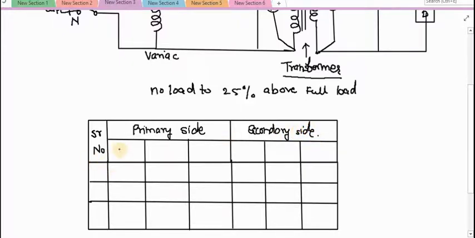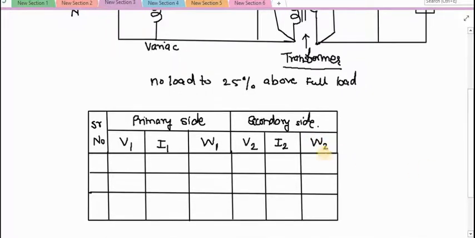Right. So what readings are we taking on the primary side? The voltage connected to the primary winding, the current flowing through the primary winding, and the power in the primary circuit. Similarly, all readings we have to take on the secondary side. Here suffix 1 denotes the primary, and suffix 2 denotes the secondary winding.